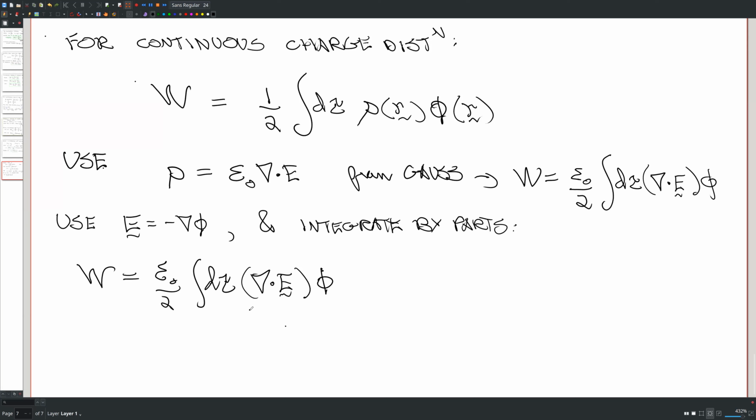Okay, so what I mean is that this thing here, I'm going to rewrite as the div of E phi. Okay, I apply the div. But then I can change that into just a minus.